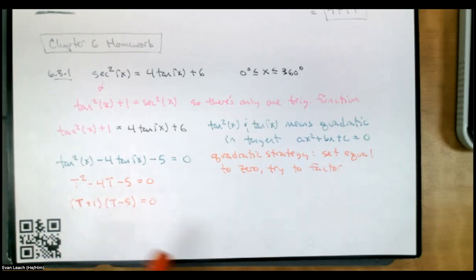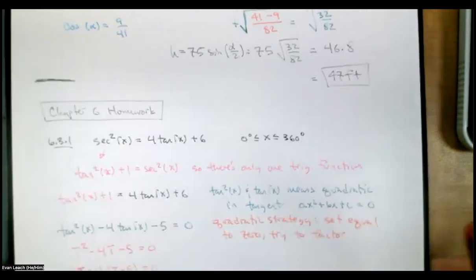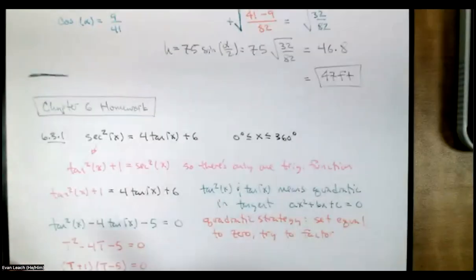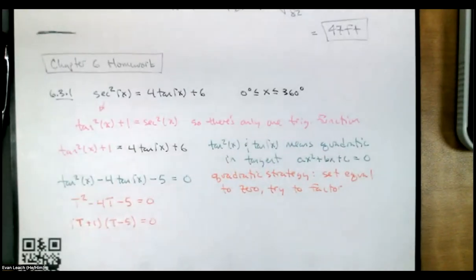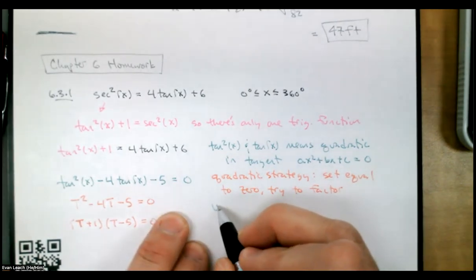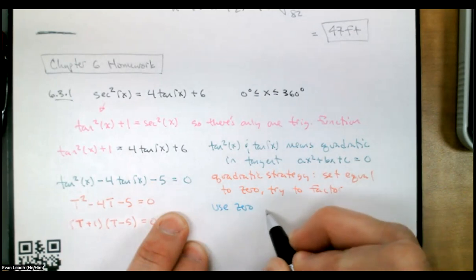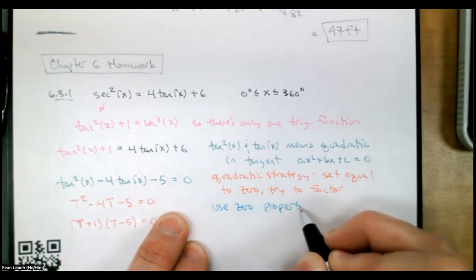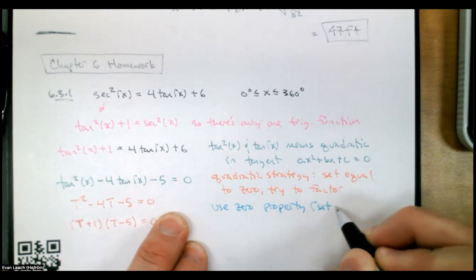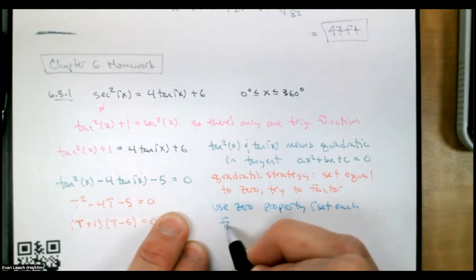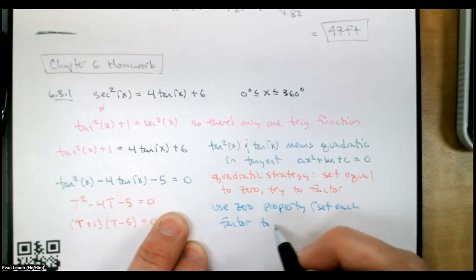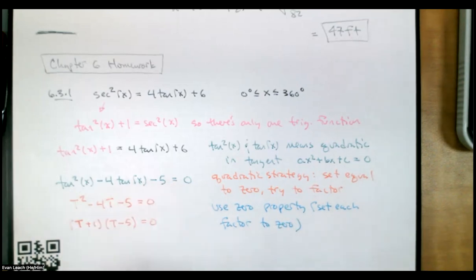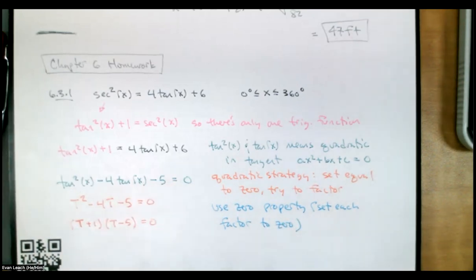So this turns into 2 equations. Our quadratic strategy is set equal to 0, try to factor, and then set each factor to 0. Use the zero product property: if the product of 2 things is 0, one of them has to be 0.